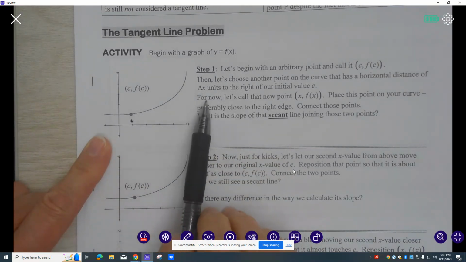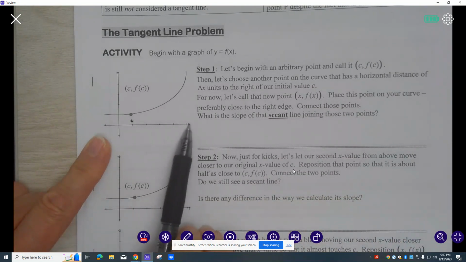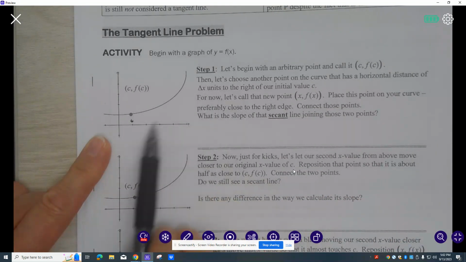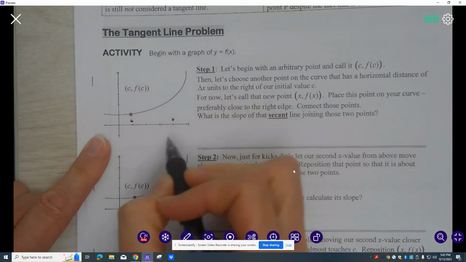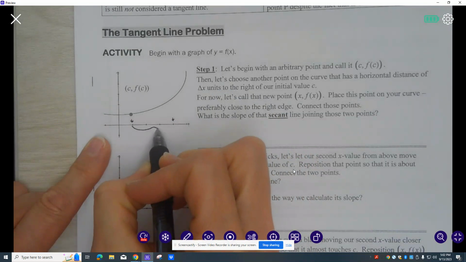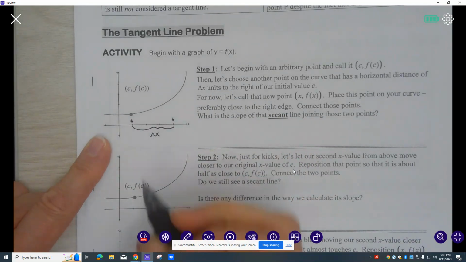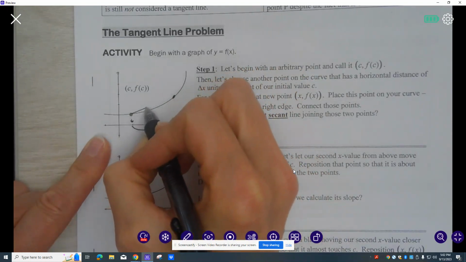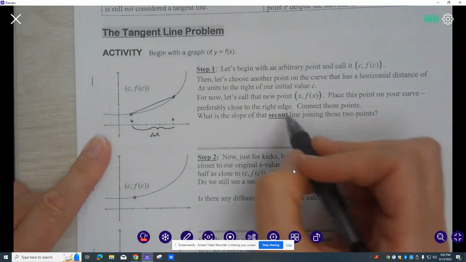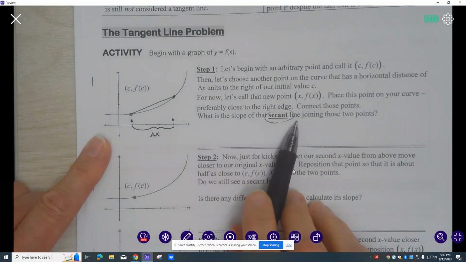And then it says choose another point on the curve that is a horizontal distance of delta x units to the right. So I'm going to go from here. This distance we're going to call delta x, or change in x. And I'm going to put my y value on the curve, attach the 2 points, and that is a secant line. It says, what is the slope?